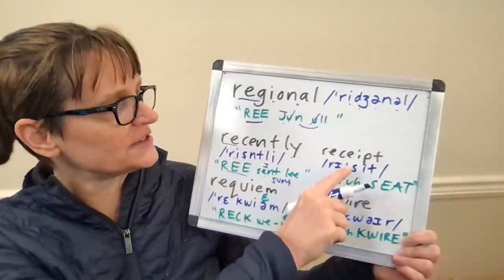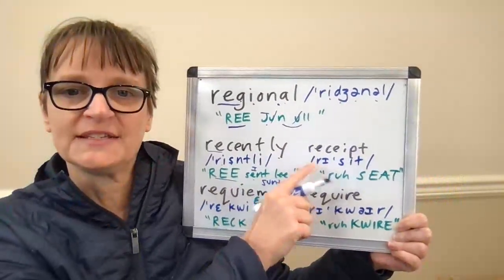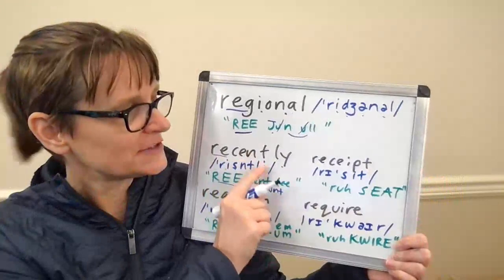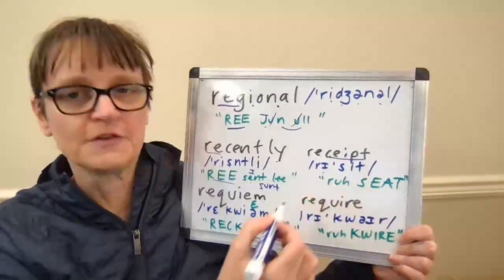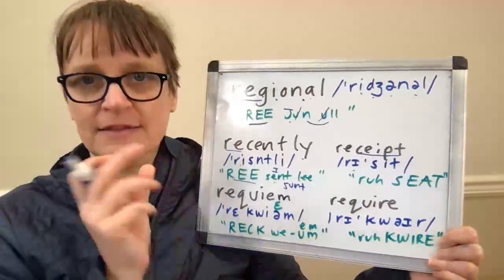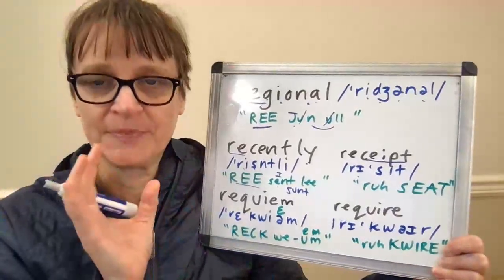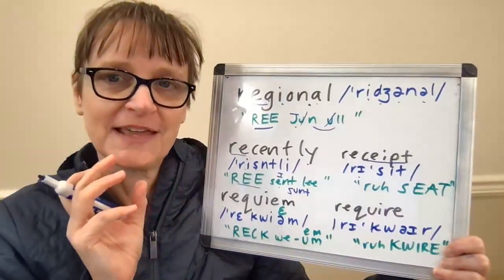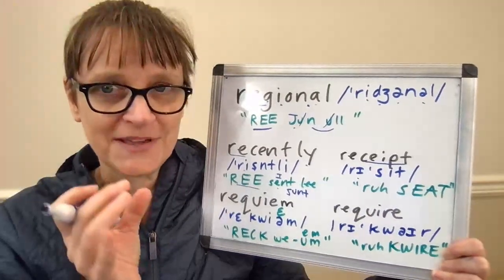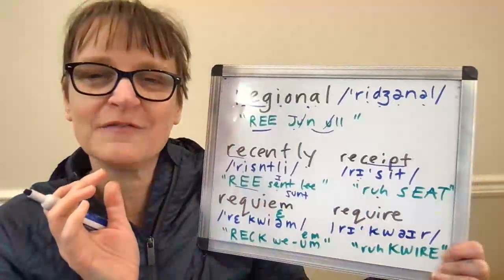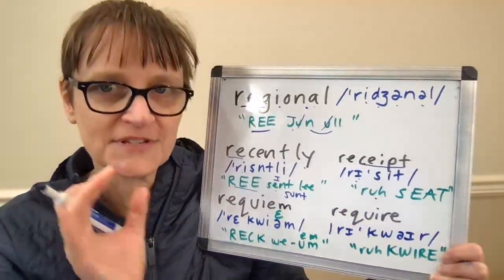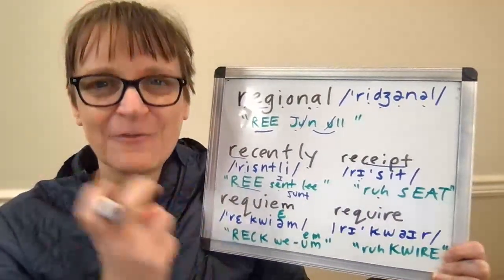By contrast, in a word like receipt, even though it starts with the same letters as recently, the seat syllable is stressed, and so my first syllable has the reduced I vowel. The best way to say it is with this I sound, but for many people, thinking of it as a schwa is going to help you get that reduced vowel there.